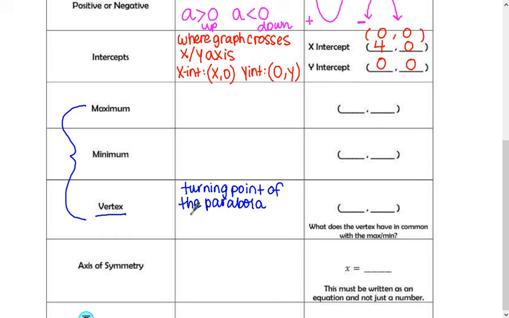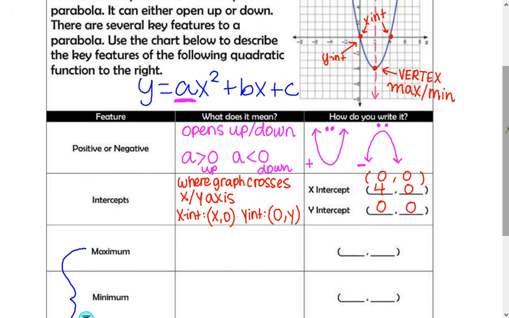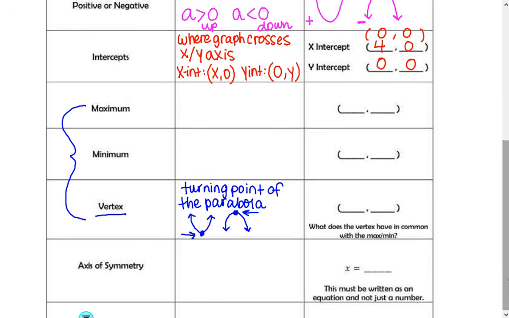So if you want to draw a little picture of that, it's going to be this or this. Okay, that turning point. So our vertex on our graph is over 2, down 1, 2, 3, 4. So 2, 4 is our vertex. 2, 4 is our vertex.